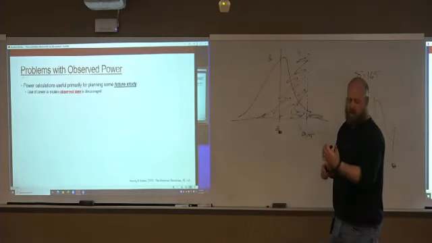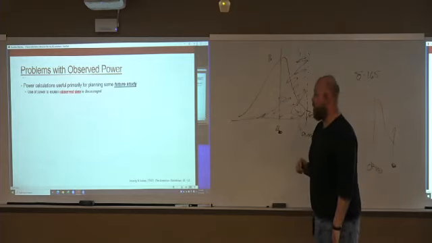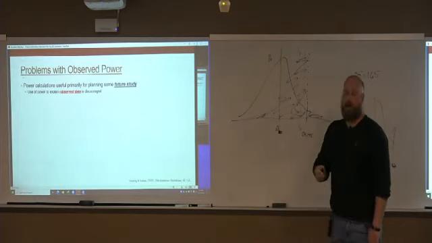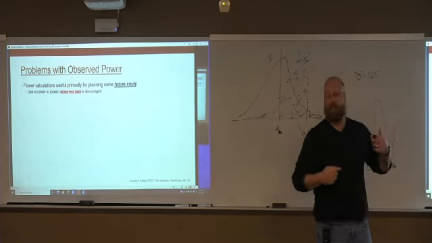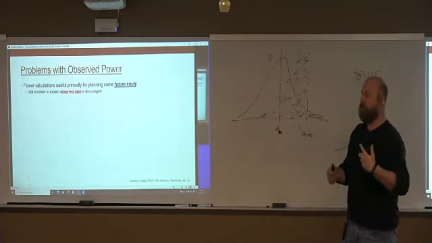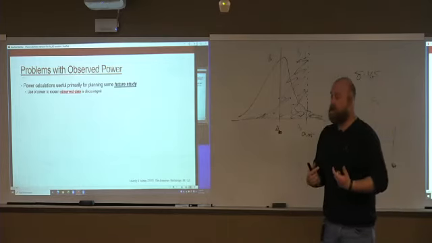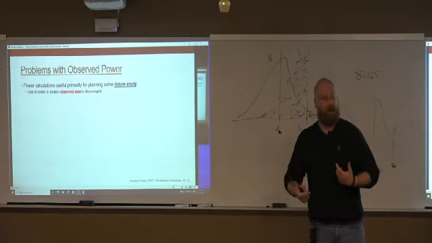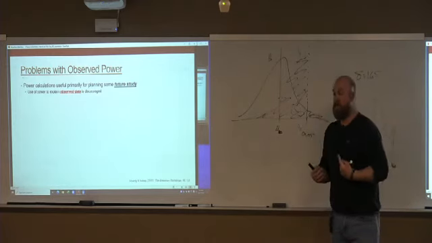Last thing we'll talk about here is something called observed power. Generally, what we're doing with our power calculations is trying to predict and plan something about a future study. So why would we do this? It's most helpful when I've got a thesis, a dissertation, a grant proposal or some lab study that I really want to do.